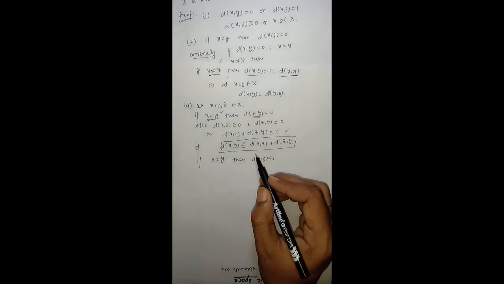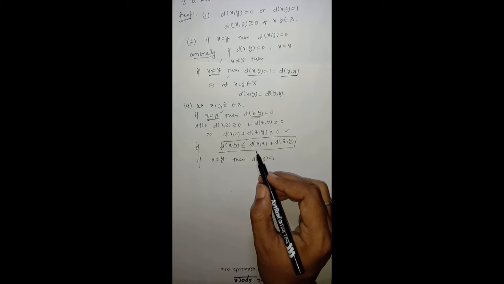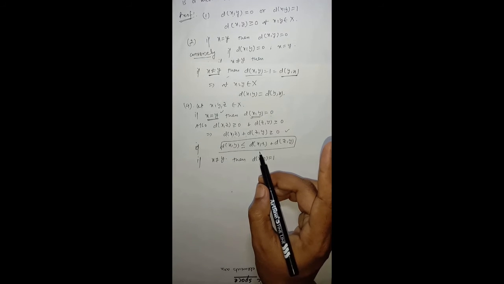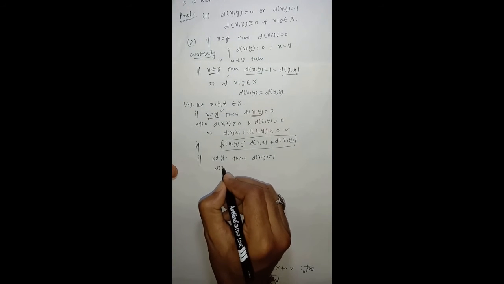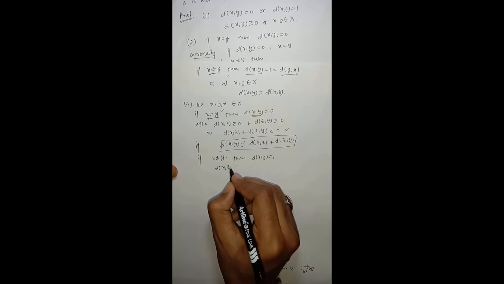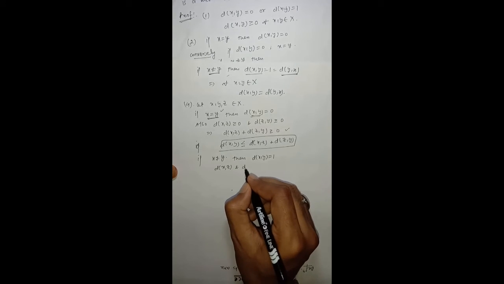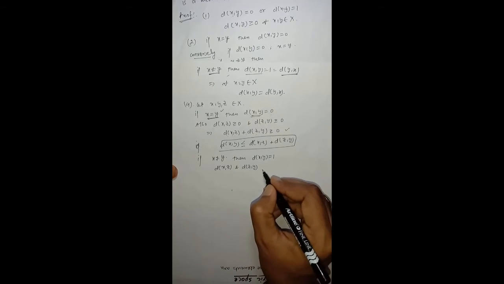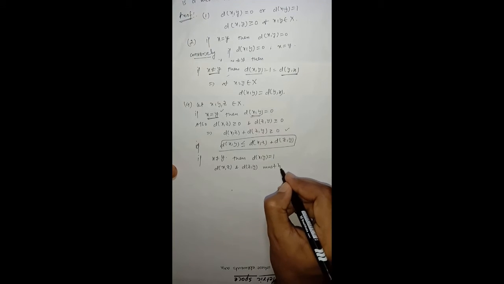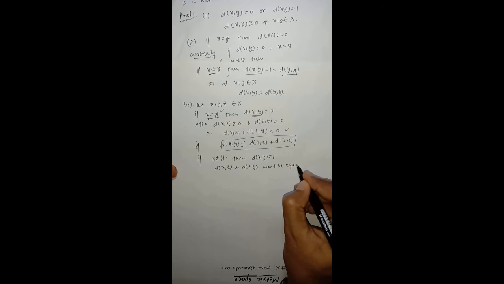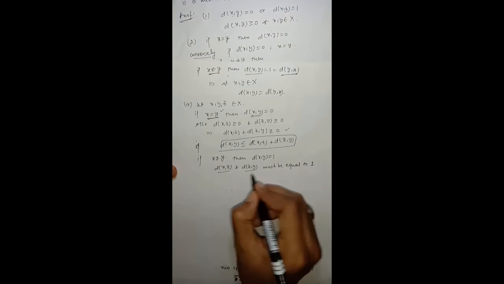So in this case, z is different from at least one of x and y, and hence at least one of d(x,z) and d(z,y) must be equal to 1, any of them or both.